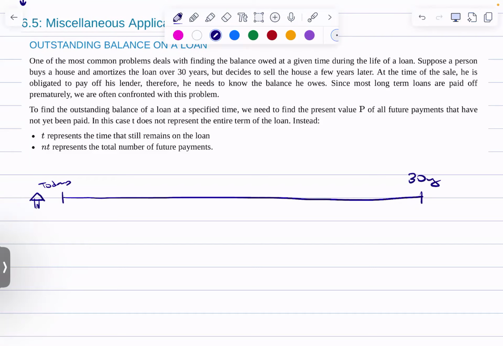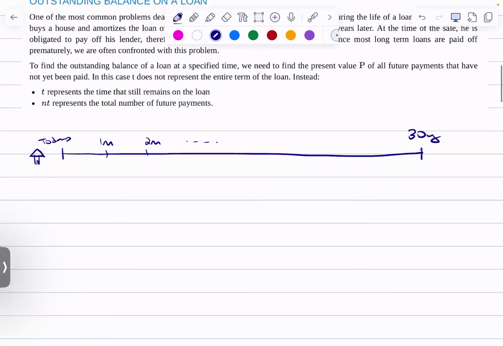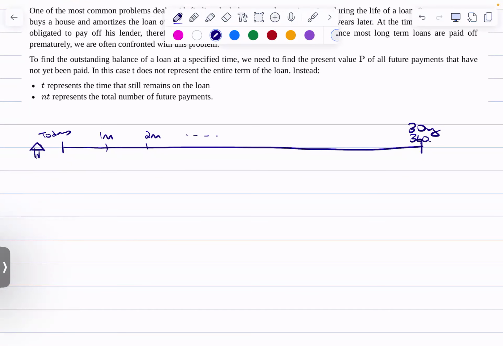Maybe we're paying monthly, so 1 month, 2 months, and 30 years has how many months? 30 times 12 is 360 months. So you're making 360 payments, and so on and so forth.